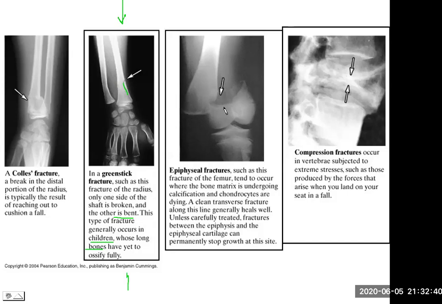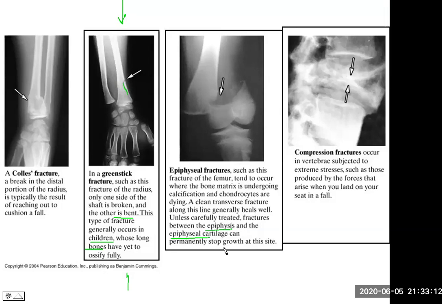An epiphyseal fracture, you can imagine this being a very severe case. This is where a fracture occurs, again, in a young person. And the fracture would occur right at that area, right near the epiphyseal plate. So the complication here is when this has to be treated in a way that allows for that continued interstitial lengthening growth of the bone.